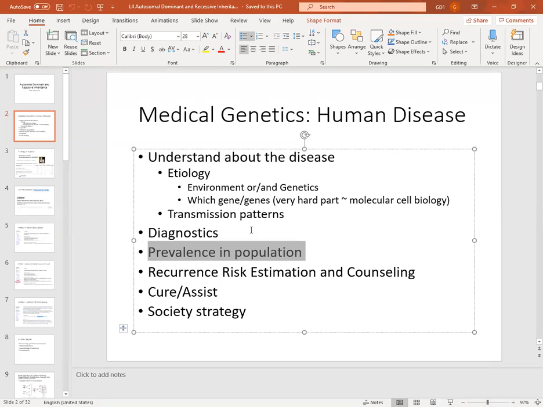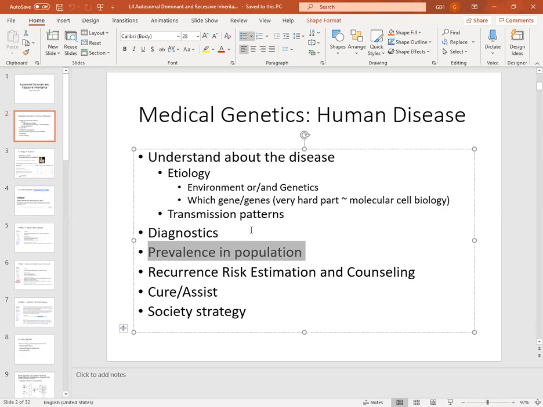Thalassemia may have a very small or a very big effect on the body. So my question is: in Ho Chi Minh City, how many people suffer from this?